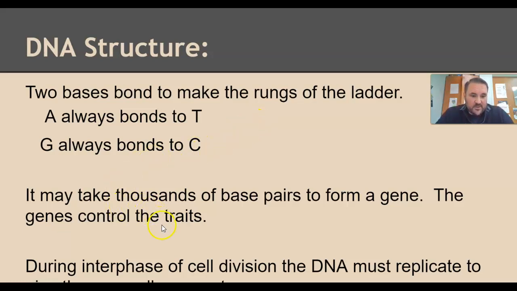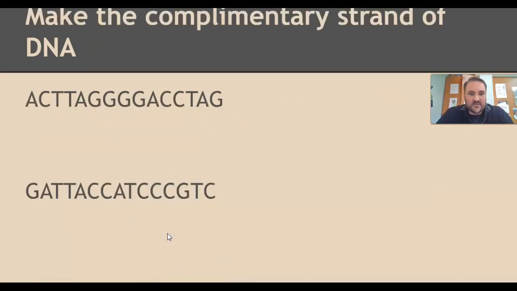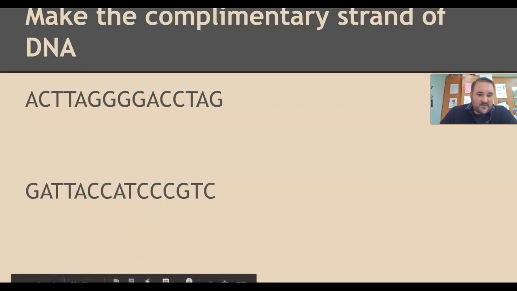During interphase, we're going to make complete copies of all of those chromosomes, and all of that DNA has to get copied, so it's a very busy time. If you have one half of a strand of DNA, you can determine the other half simply by knowing all tigers can growl.